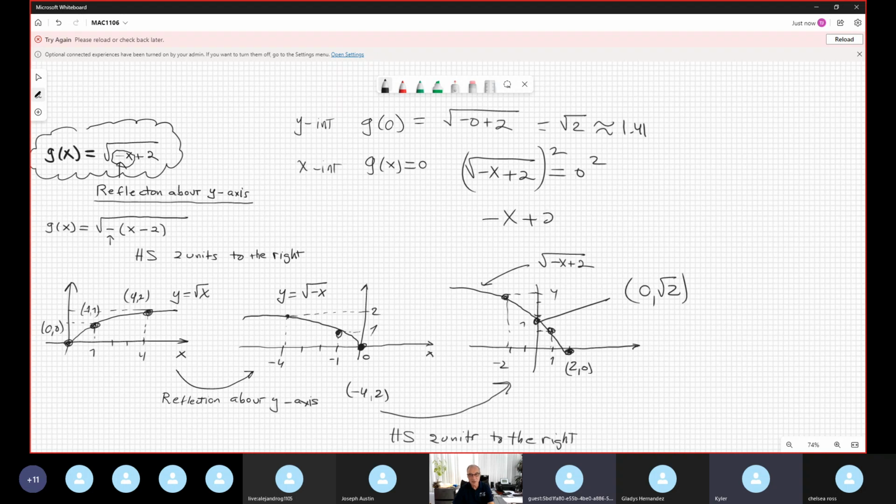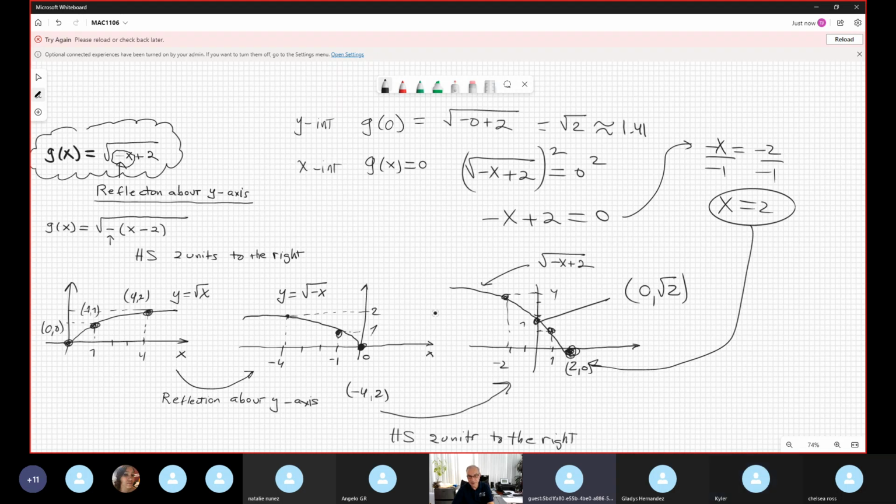Minus x plus 2 equals 0. Minus x is equal to minus 2, divided by negative 1 on both sides. x is 2. The point is (2, 0), exactly this point, no surprise. This is the x-intercept, and this is the y-intercept. Any question?